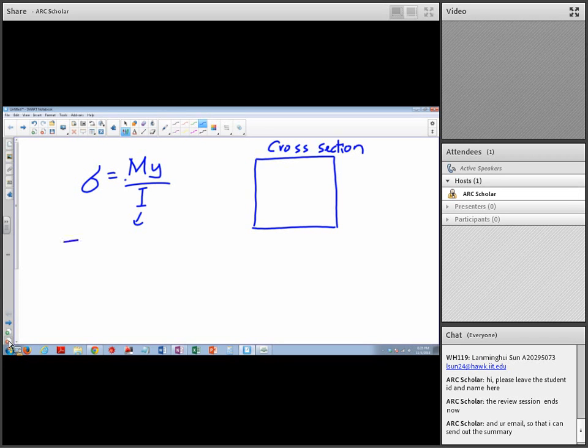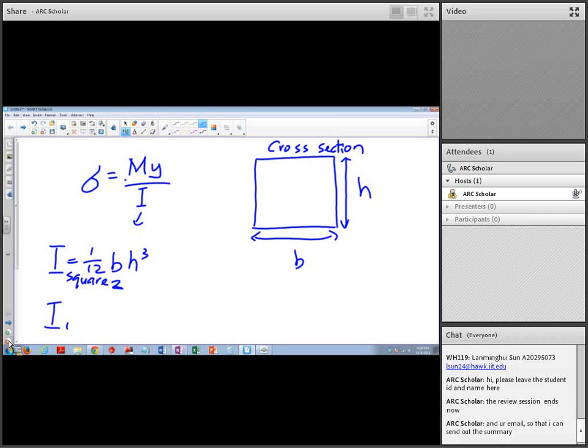I for a square or rectangle is just 1 over 12 b h cubed, where b is the base and h is the height. This is I about the z-axis. If you are looking for I about the y-axis, it's just 1 over 12 h b cubed, just like turning it.